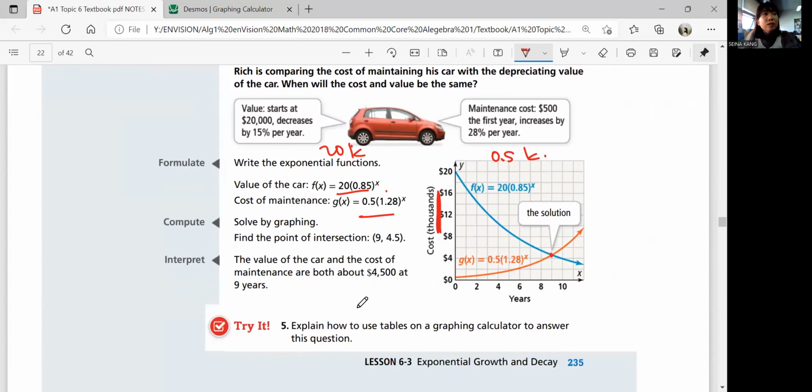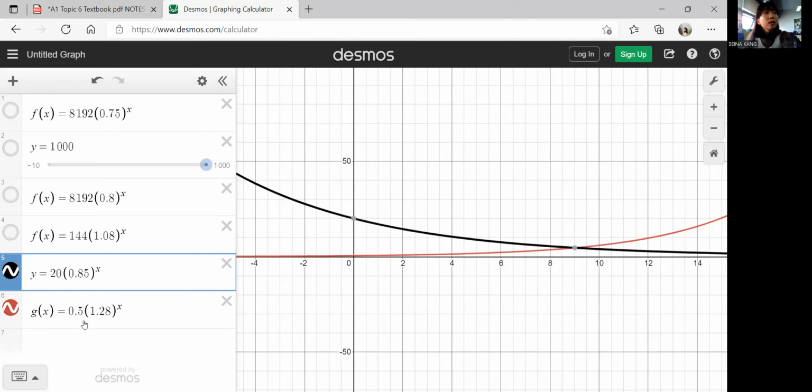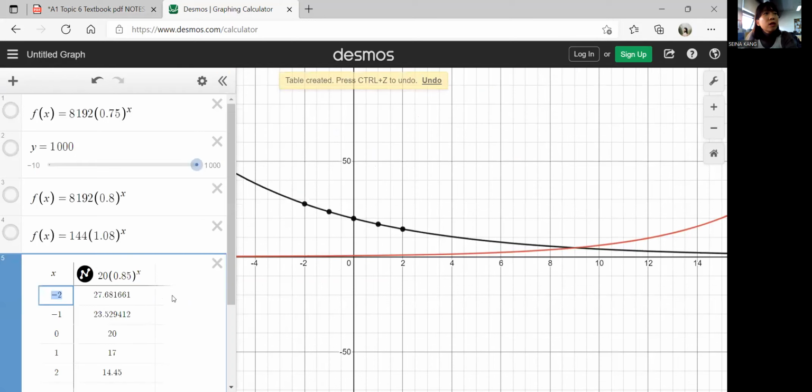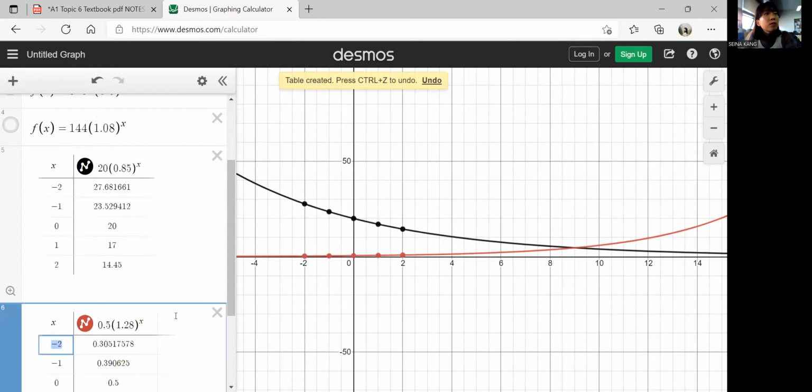Okay, that's the solution. So look at try it: explain how to use tables on the graphing calculator to answer this question. So you can use tables. If this is y1 and that's y2, you can create tables. Go to settings, and you can change that to tables.